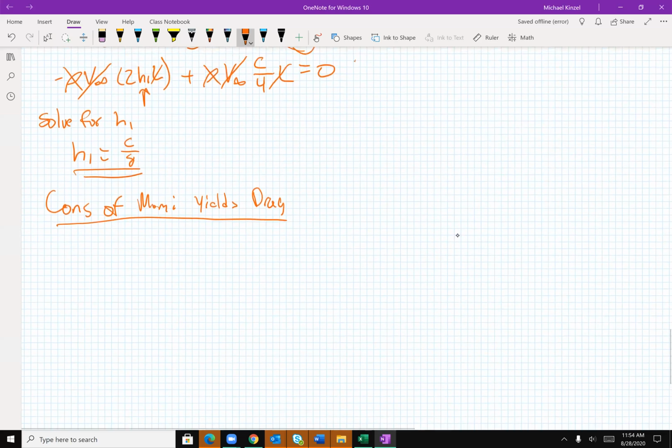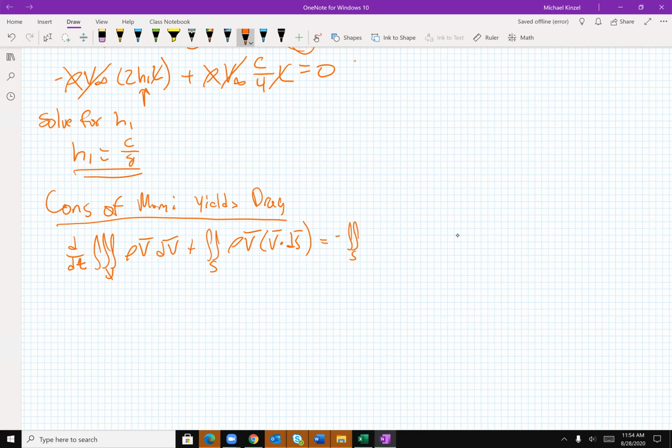Conservation of momentum is written as the time rate of change of momentum inside the volume plus the momentum flux, rho times V, that's the momentum times the flux out of the control volume, which is going to equal the integral of pressure around the body minus the shear forces of the fluid on the outside of the control volume.